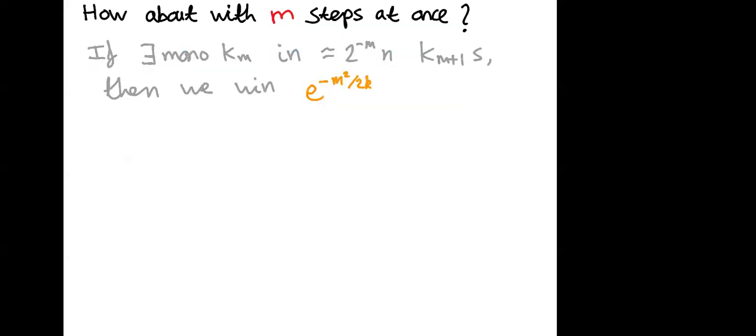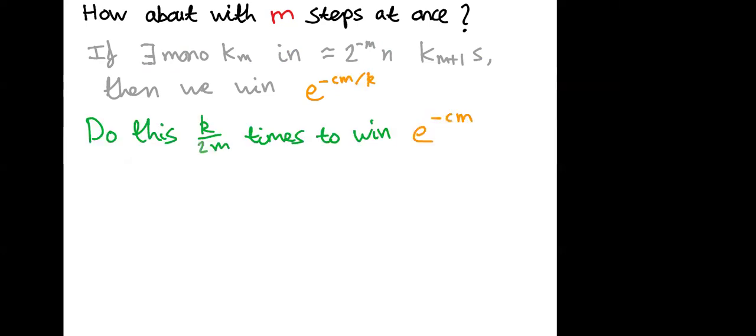If you could do, let's just dream, if you could do m steps at once, and you kind of follow your intuition about how it will happen, you could sort of do 2 to the minus n times n, k m plus 1s. You think about the term you win relative to the Erdős–Szekeres argument, then each time you'd win a term like e to the minus n squared over k, you can do it k over m times, k over 2m times before you go down to half as large, like k over 2, k over 2.